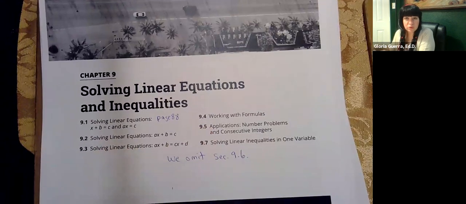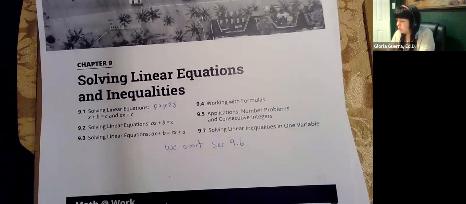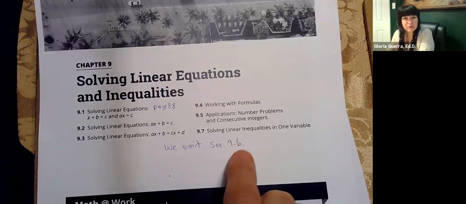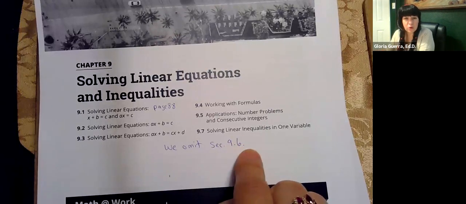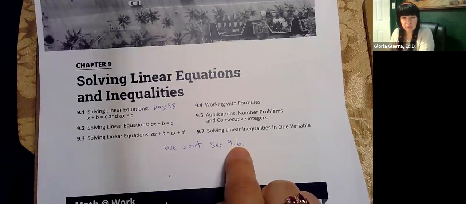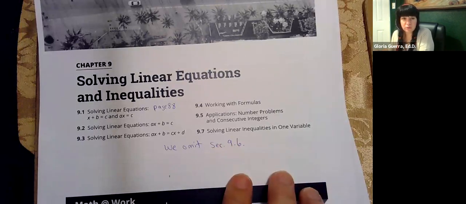All the elementary algebra instructors have permission to skip 9.6. And I believe that has to do with rate of motion problems like trains and cars overtaking each other. So they allow us permission to skip that section. And then we do 9.7. Okay. So test 2 will cover these 6 sections.